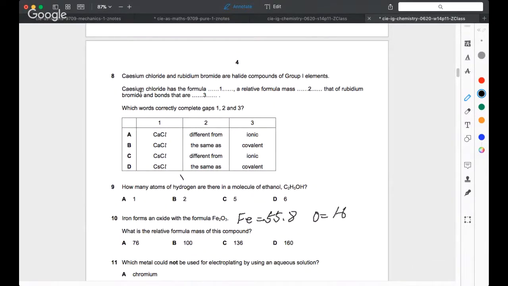So this one has a formula CsCl, and that has a formula of RbBr.